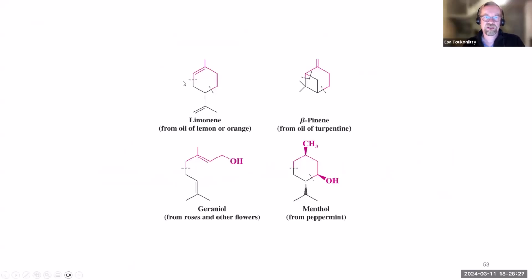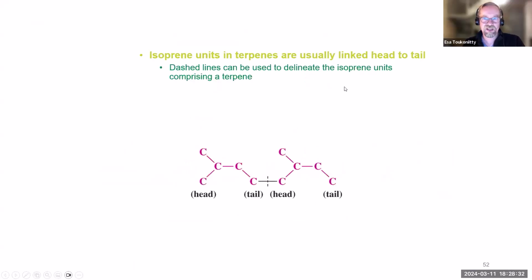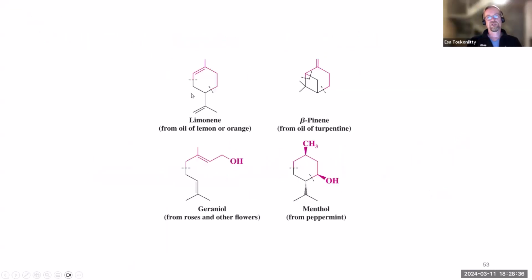Also, one can find not so self-evident, but you'll see this C5 repeating unit, and these are also terpenes. For example, limonene, pinene, menthol, geraniol.